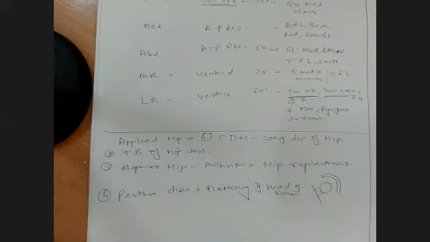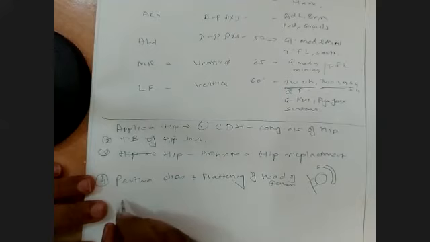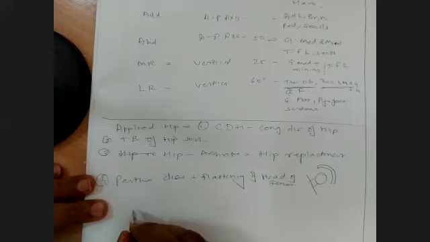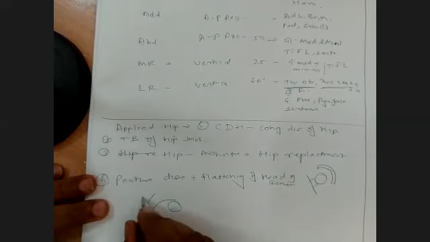Then there are some lines in the hip joint which we see on the X-ray. For example, there is a curve along the upper border of the obturator foramen and the lower border of the neck of the femur. The obturator foramen is like this, and from here the neck of the femur is here.